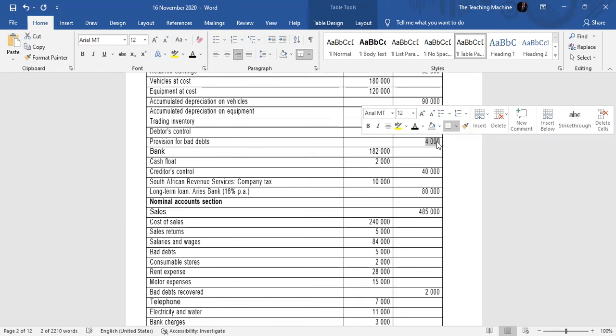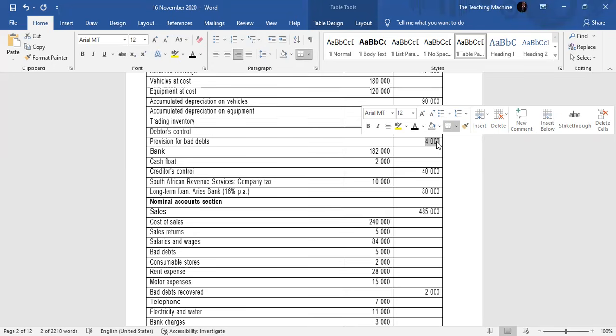Okay. We have bad debt, debts gone bad. People who decided to run away, people who became insolvent. That's bad debt. We have bad debts recovered, people who became solvent and were able to pay their amount due. We have a provision for bad debt. What is a provision for bad debt? This is an estimation of money that is unlikely to be collected from debtors.